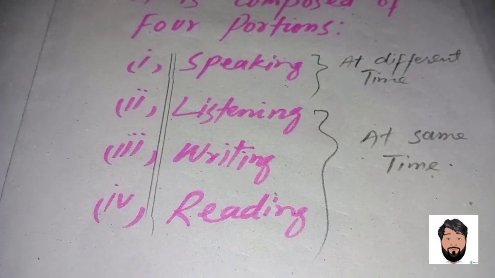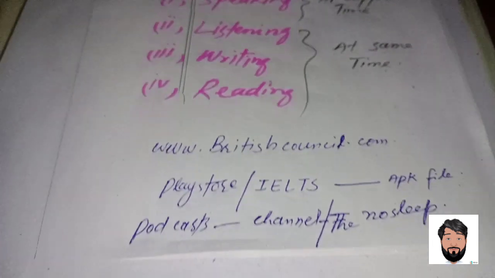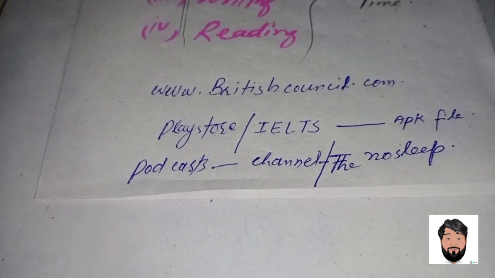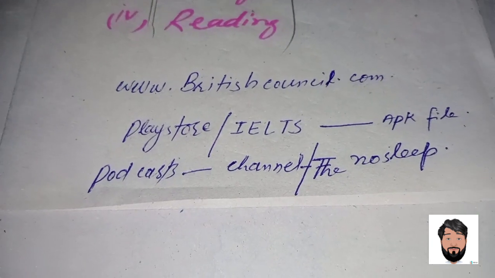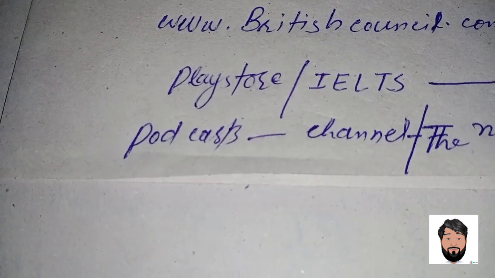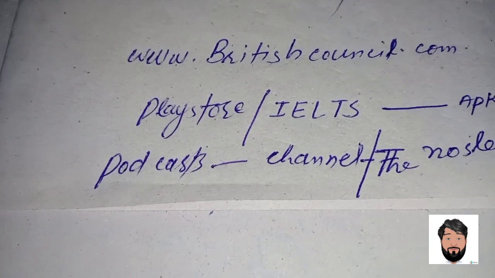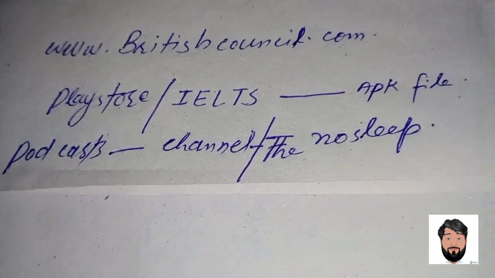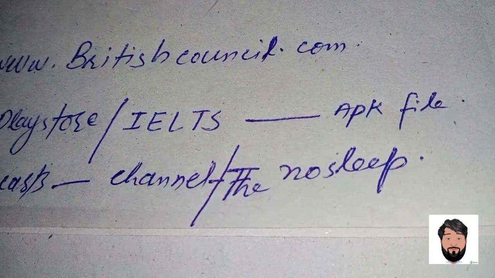To prepare for all four portions of the IELTS test, and for your listening, and to know how to use the accent, there is a channel in Google Podcasts. There is a podcast application in the Play Store, and the channel that will help you most is No Sleep.